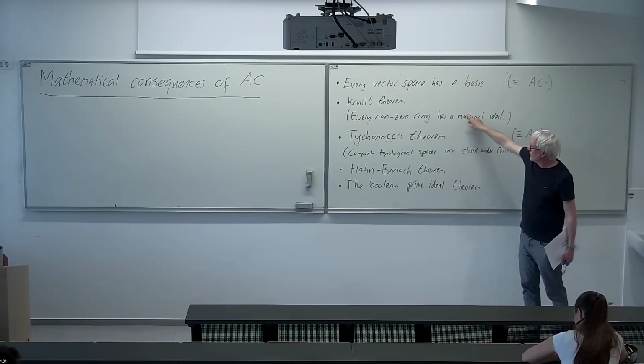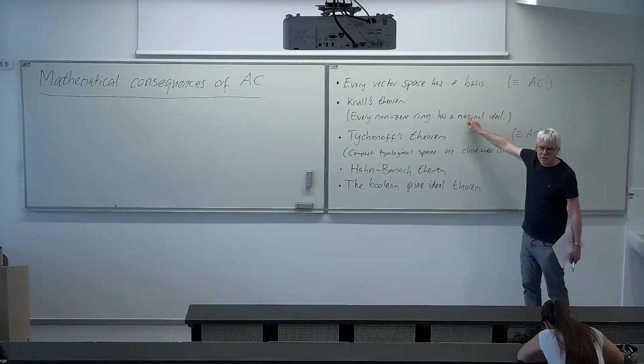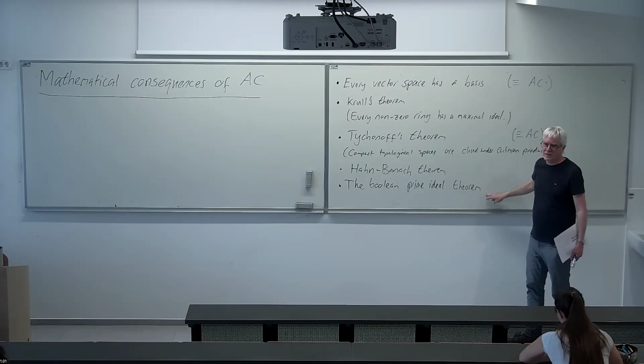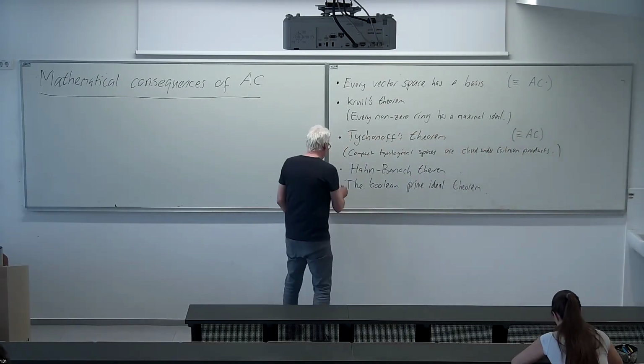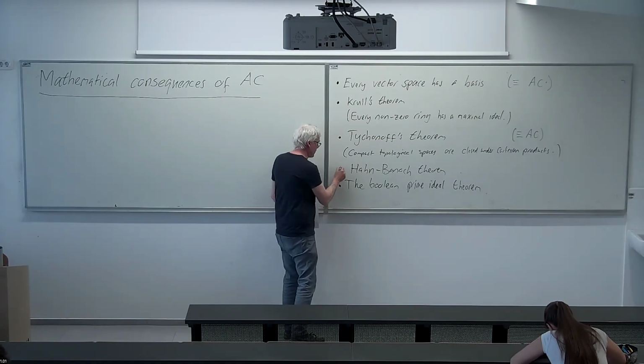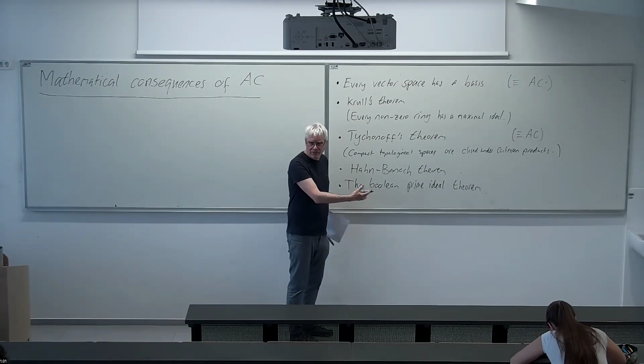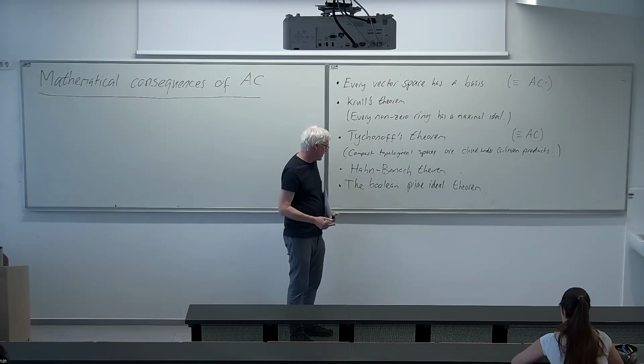I think it's equivalent to Krull's theorem, but I'm not sure about that. This theorem is also equivalent to the compactness theorem for first order logic with respect to arbitrary models, not just countable signatures, but arbitrary signatures.